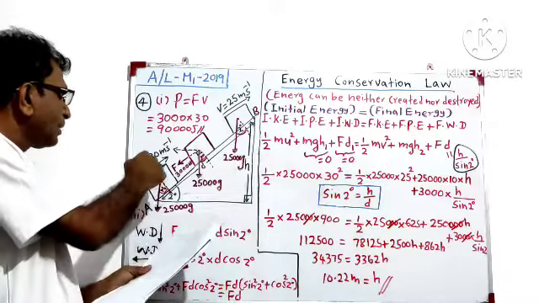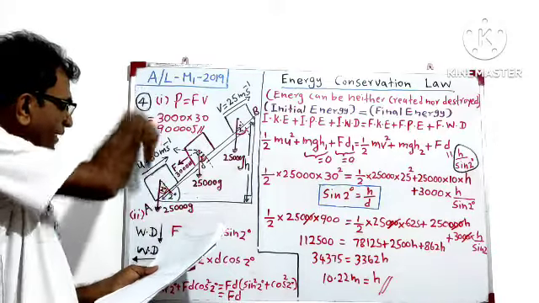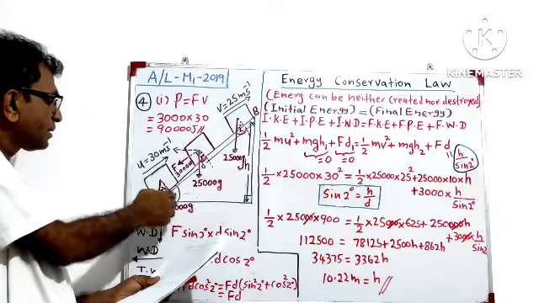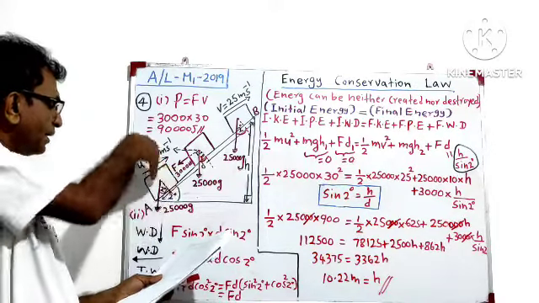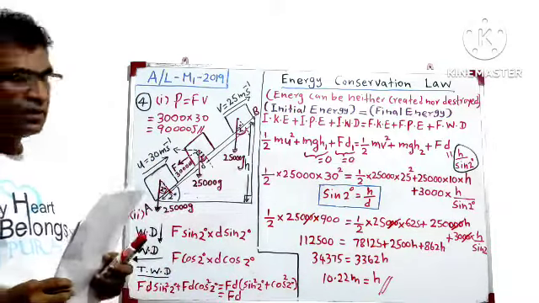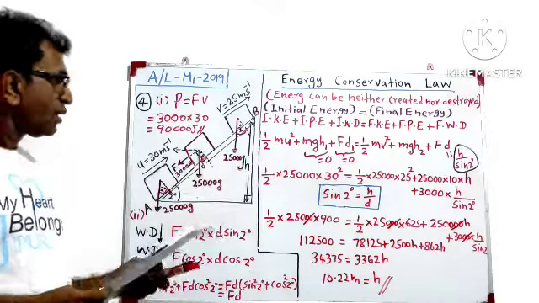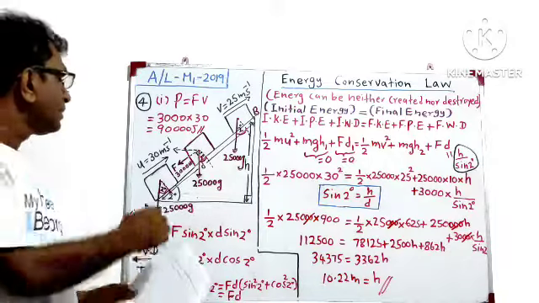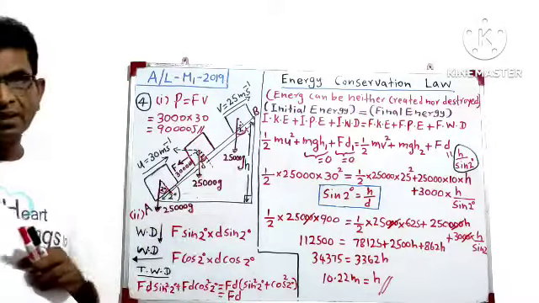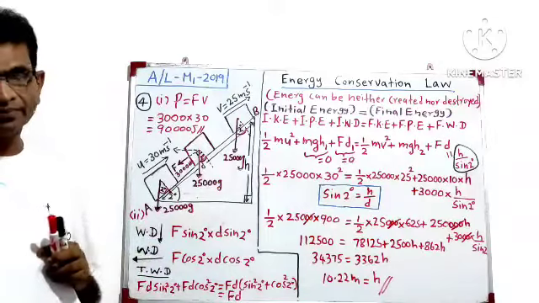The angle between the vertical to the plane and the weight acting vertically downwards is 2 degrees. So this angle is 2 degrees, this also 2 degrees, this also 2 degrees. I have taken the length of this slope as d, and the height of the slope as h.